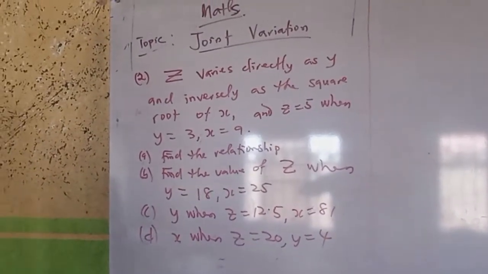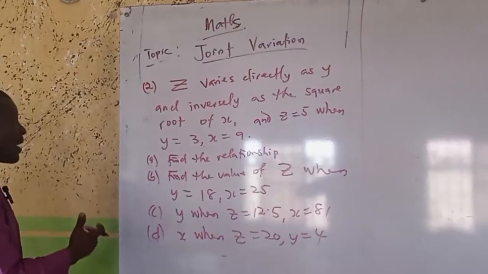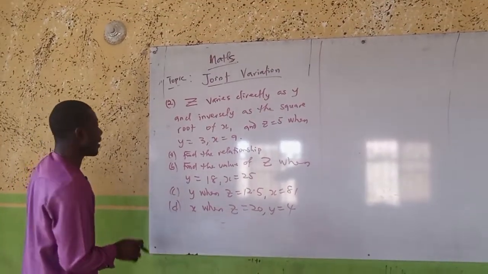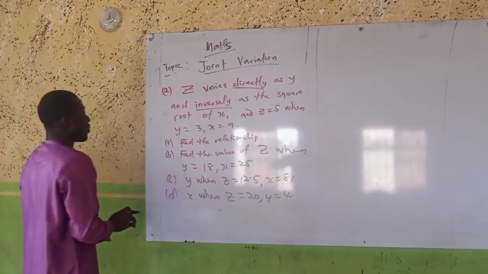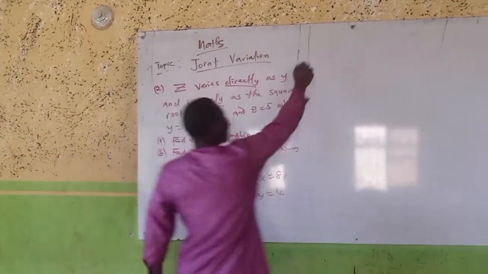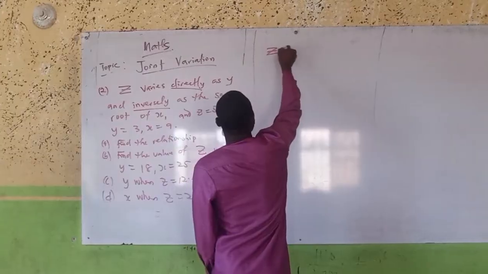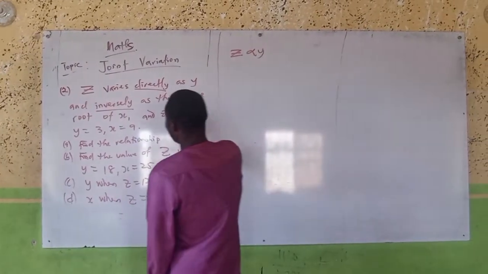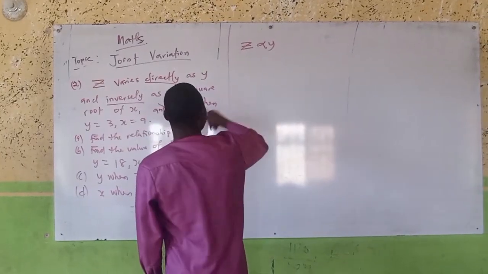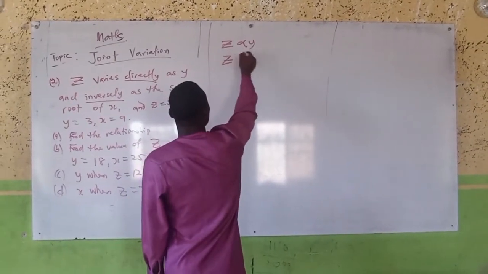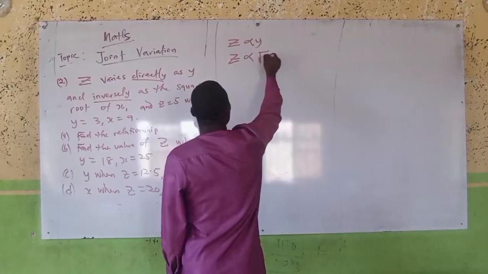In the other example, the variables were direct, but this time around we're having direct and inverse. So we have it as this: z varies directly as y, and it also varies inversely as the square root of x.